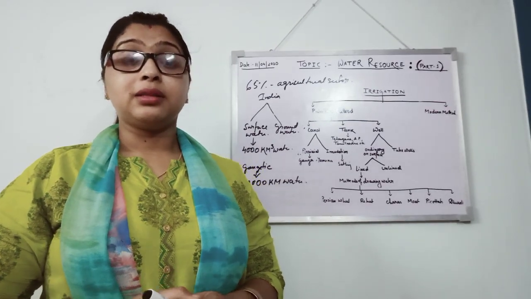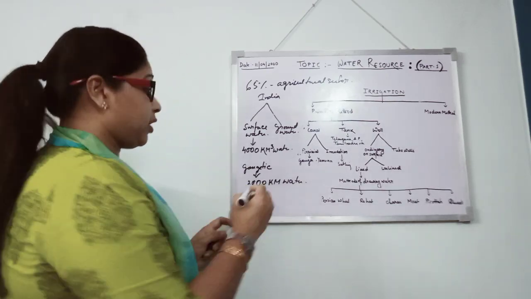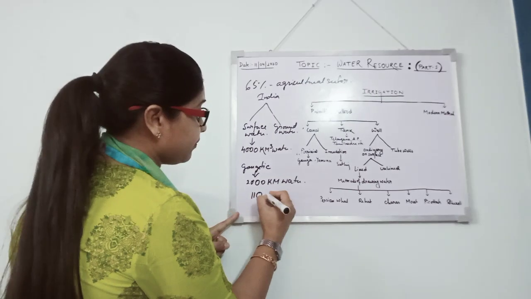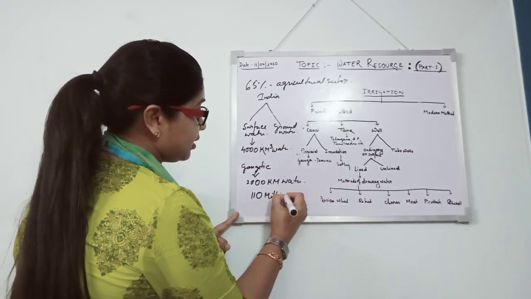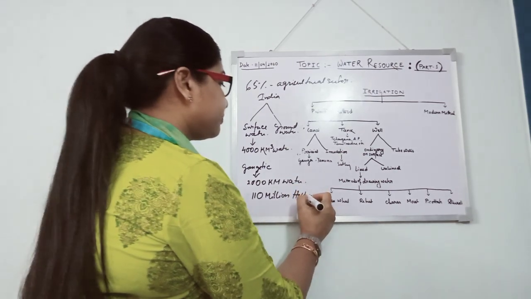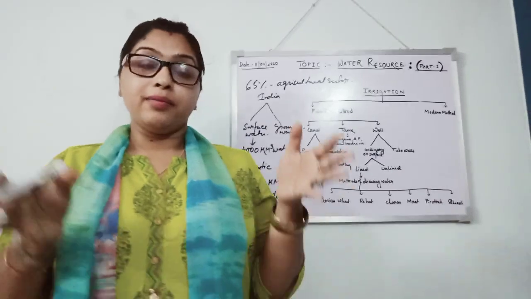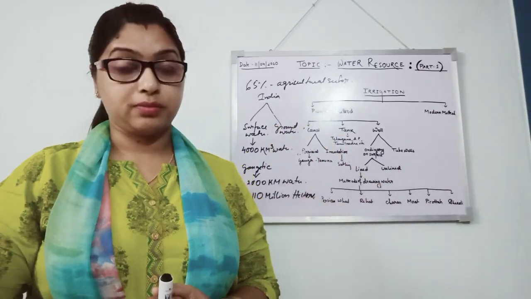Due to that, they have a large amount of surface water. How much catchment area? 110 million hectares. This catchment area also stores the surface water.